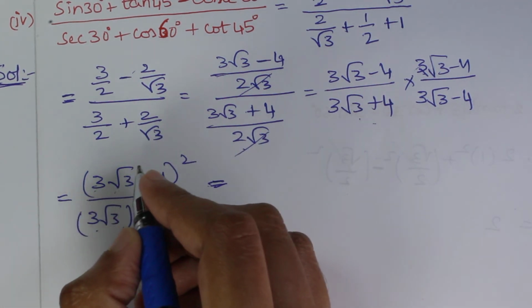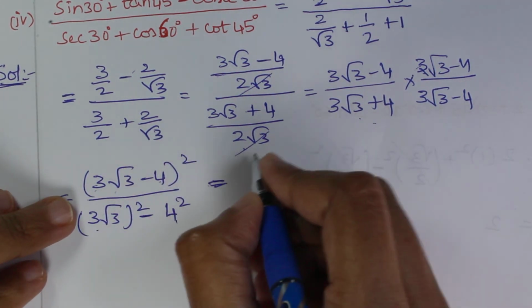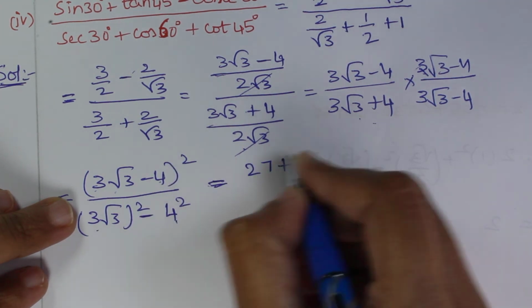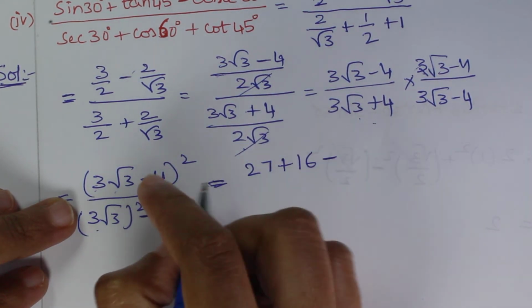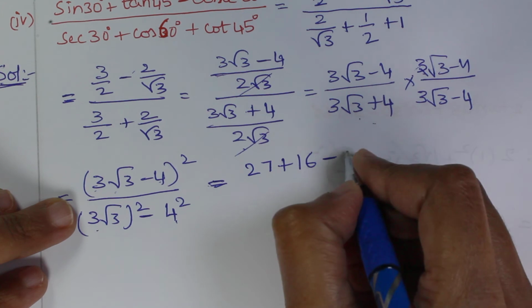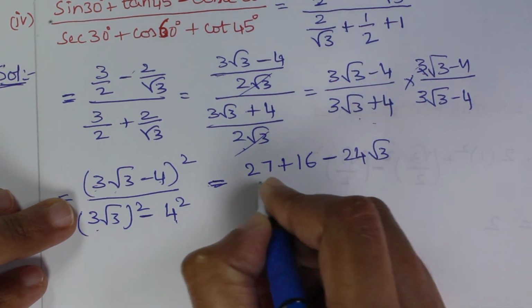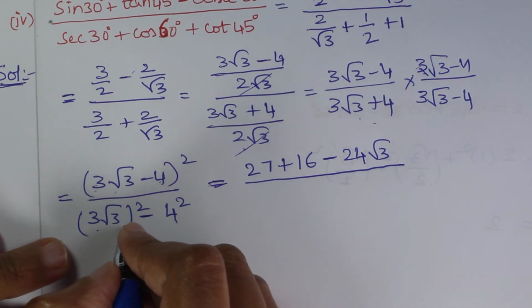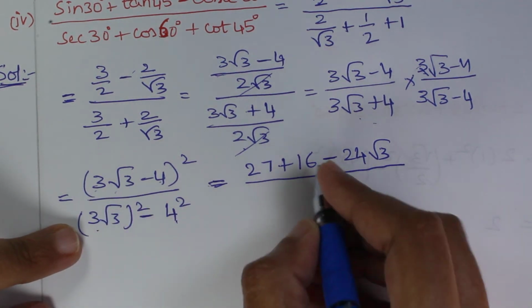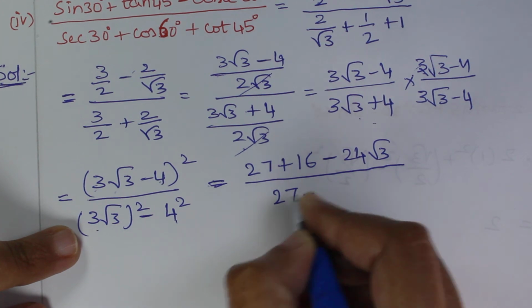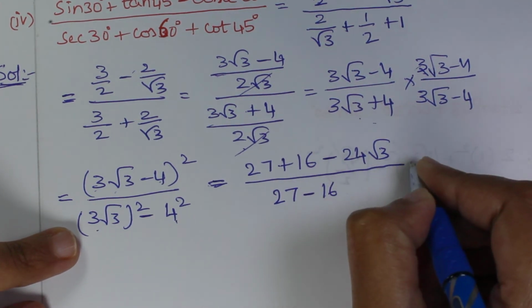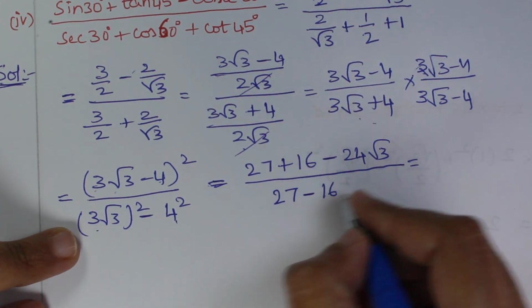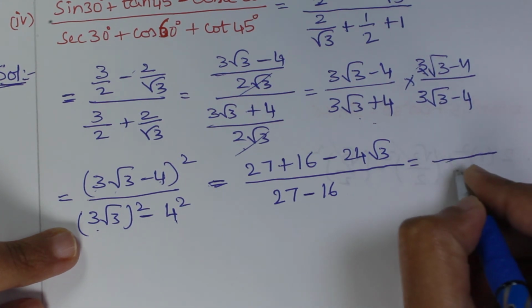A square is 3 root 3 whole square, that is 9 3s are 27, plus 4 square is 16, minus 4 3s are 12, 2s are 24 root 3, divided by 3 root 3 whole square is 27, minus 4 square is 16, that is equal to 11.